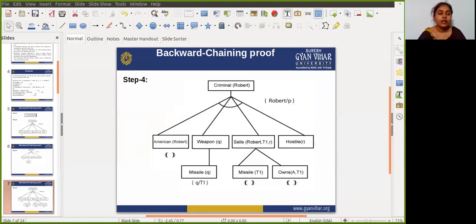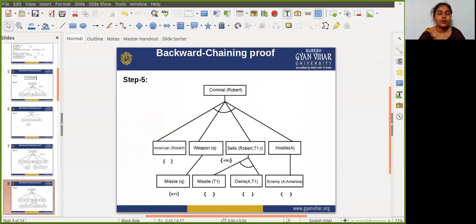Now let's understand the statement in step 5. In step 5, we can infer the fact Enemy(A, America) from Hostile(A), which satisfies rule 6, and hence all the statements are proved true using backward chaining, right?